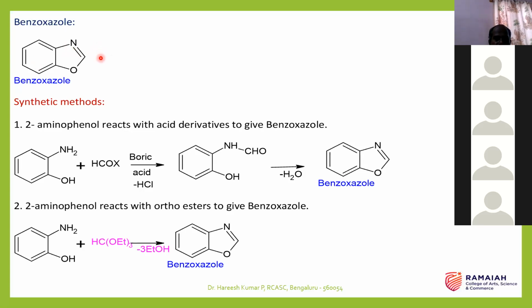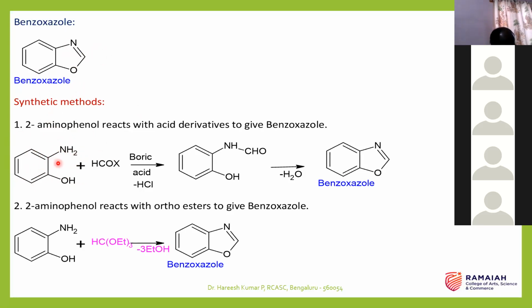Okay, so let's look into the synthetic methods, or preparation, or synthesis, or manufacture, or production. Benzoxazole can be synthesized starting with aminophenol. Here the parent compound is phenol, and amino is the substituent.